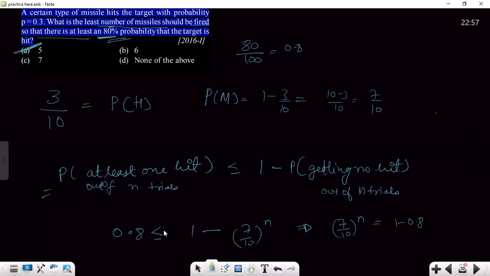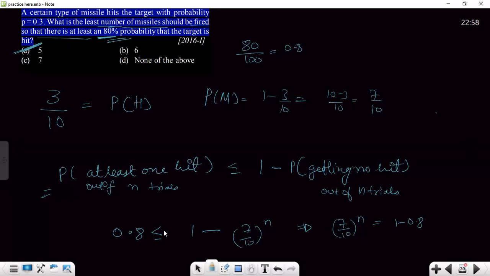Now, please tell me why we have considered the probability of hitting the object, the event of hitting only at least once. Why have we referred to it like that? Because the hit happens only once, not again and again. Once the missile has hit the target, job done. So we have to just hit the target at least once.